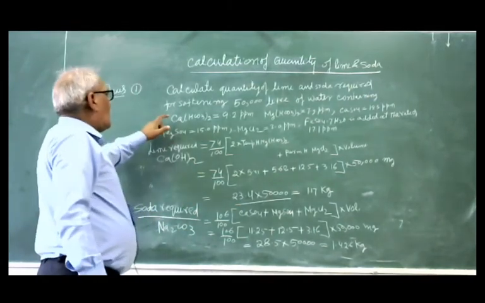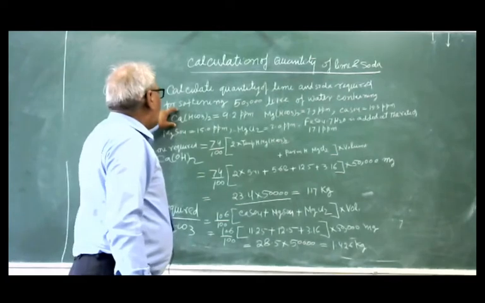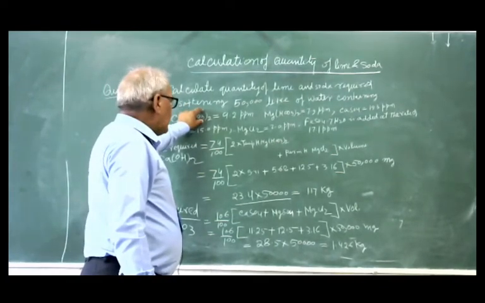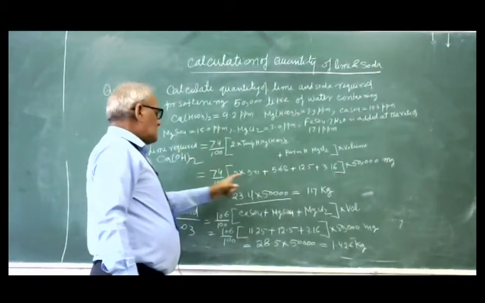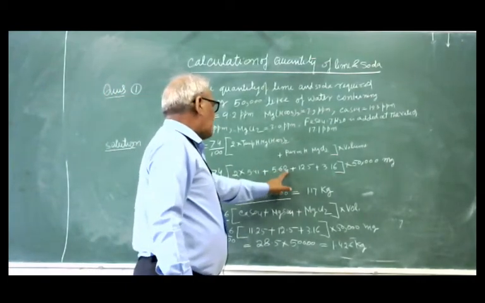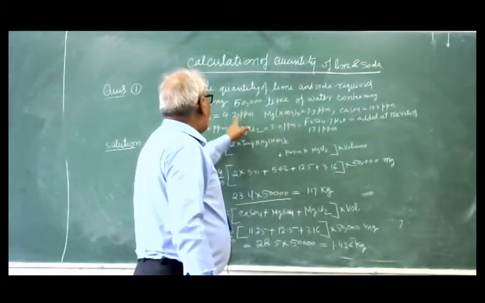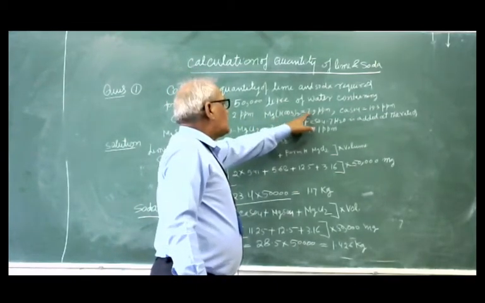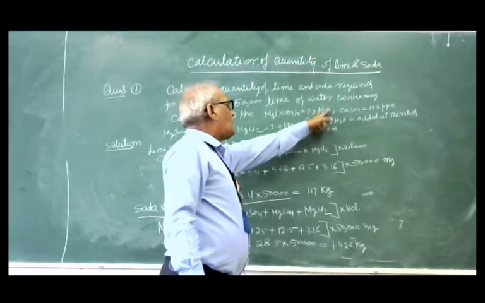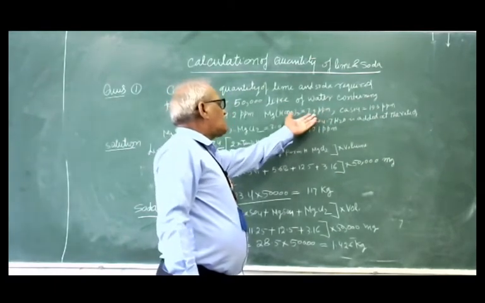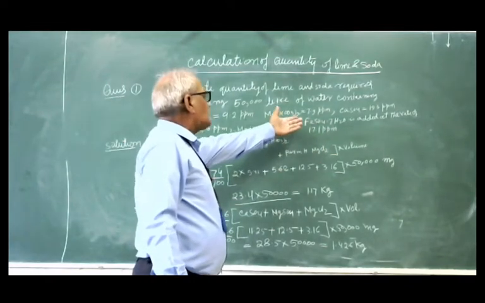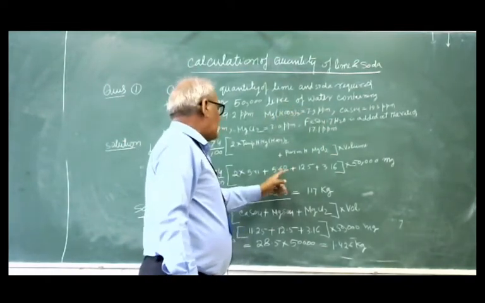Calculate hardness created by calcium bicarbonate, which is this much, 5.68. Calculate hardness due to magnesium bicarbonate, 7.9 ppm is the amount, and putting this value 7.9 into 100 upon 146, you will get this value.